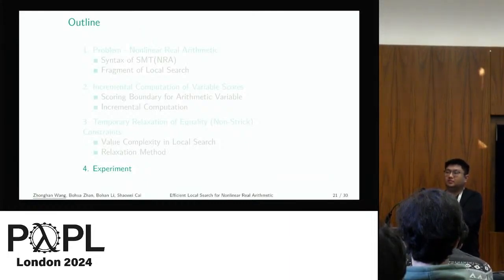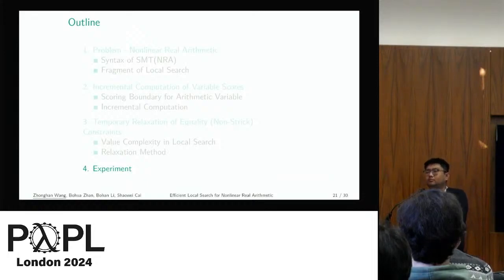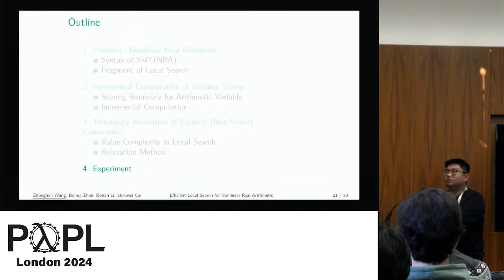But what I was wondering is, if you were running your method on a conjunction of linear inequalities, in essence, would it mimic what simplex would be doing, or would it do something different? Maybe different.